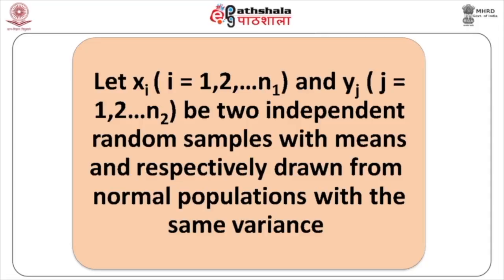Let xi, where i equals 1, 2 up till n1, and yj, where j equals 1, 2 up till n2, be two independent random samples with means x bar and y bar respectively, drawn from normal populations with the same variance.